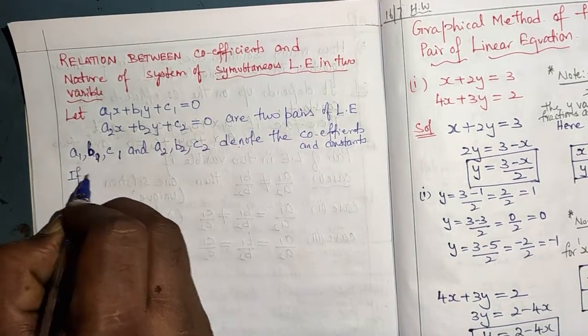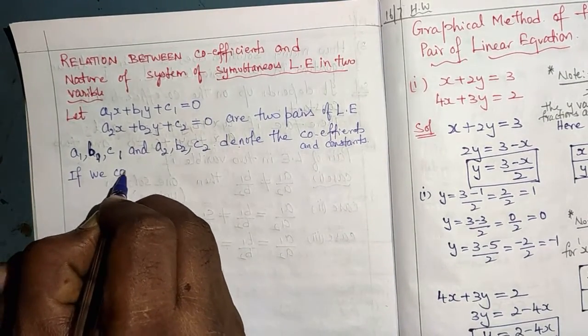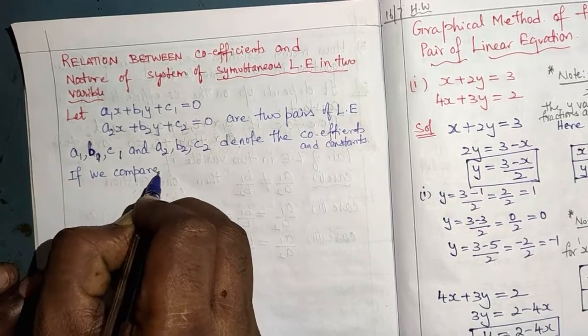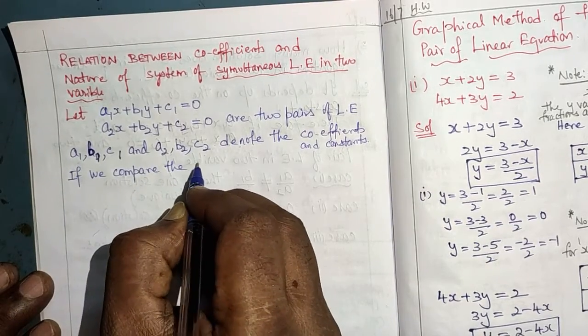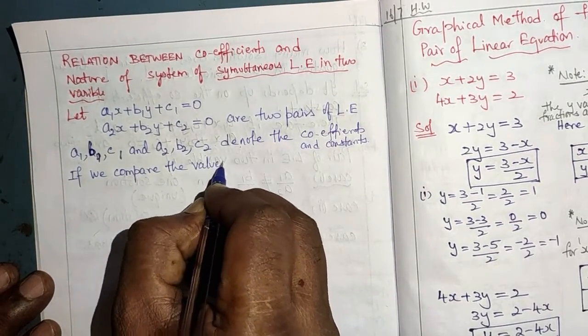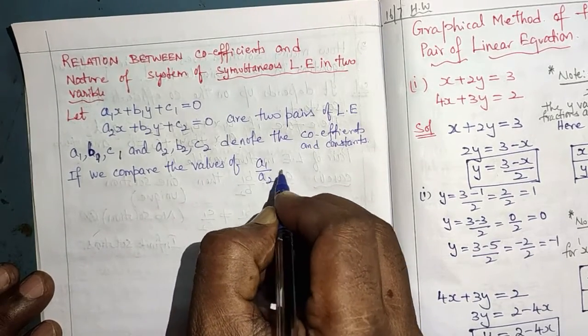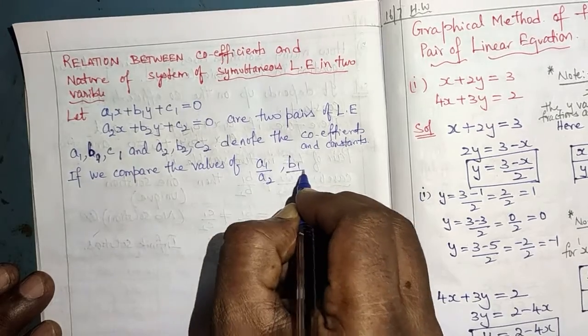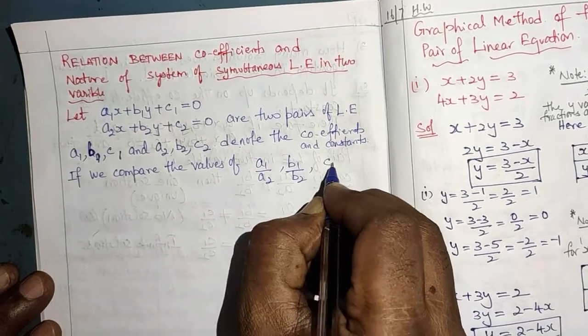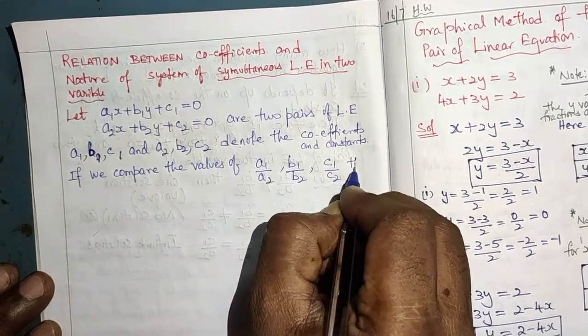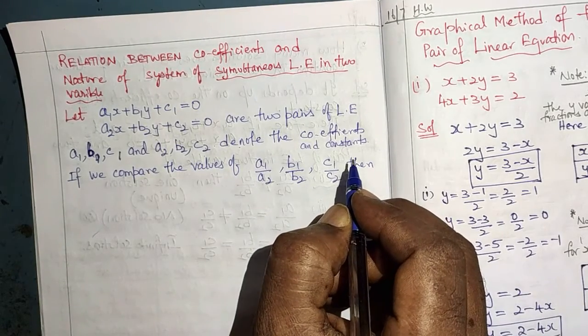If we compare the values of the ratios a1 by a2, b1 by b2, c1 by c2, then we get a relationship.